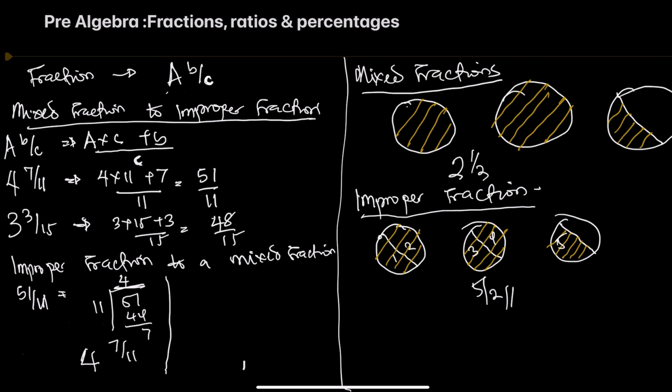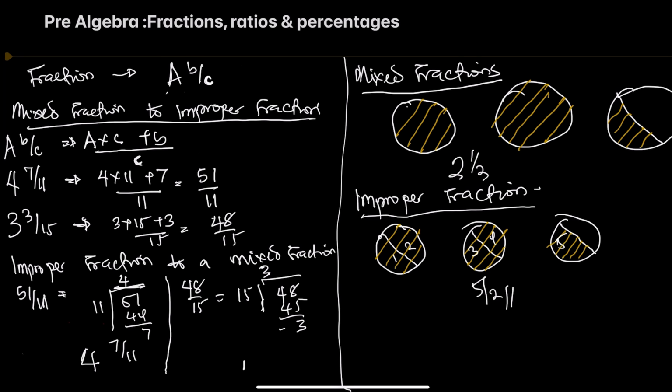And then we could also do the same for 48 over 15. So we have 15 into 48, which is like saying, how many times could 15 go in 48? We discover it is 3 times, which is 45 when we multiply, and then 3 is the remainder.